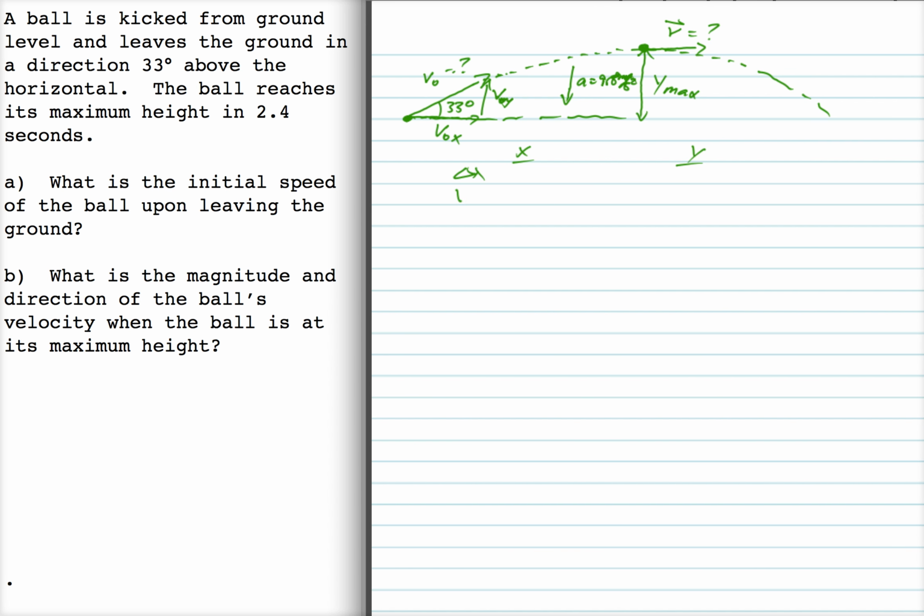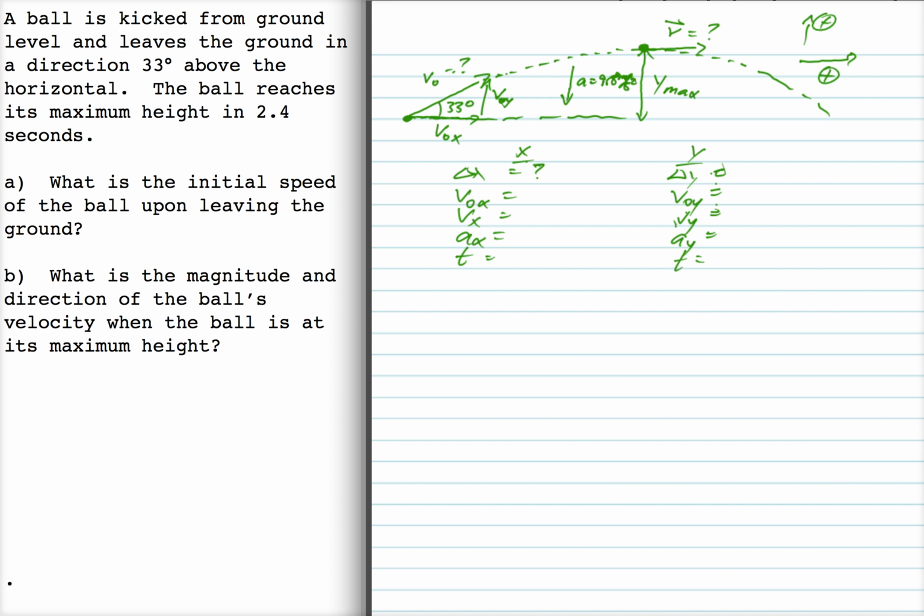So I've got to write down our 5 variables here for delta x and delta y. Now I'm going to establish a sign convention that to the right is positive and up is positive. So for delta x, I don't know what delta x is.